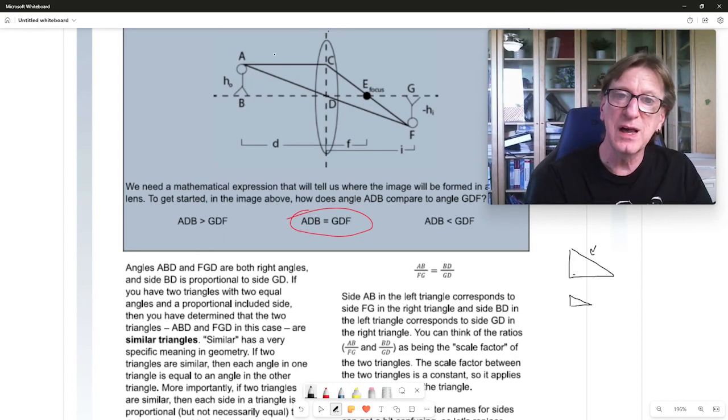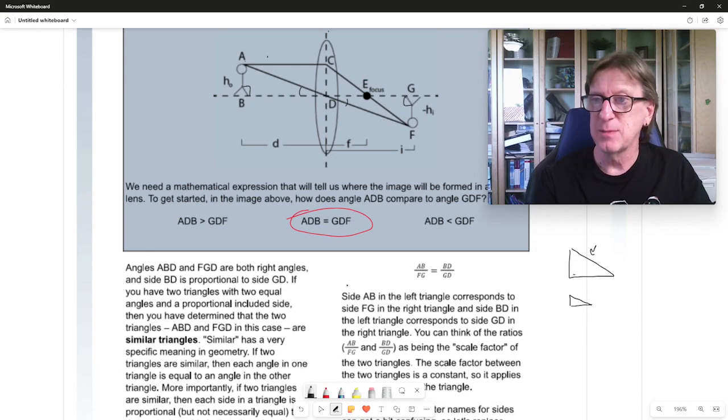If we hadn't realized that this angle and this angle were equal to each other, we could certainly say that ABD and DGF have to be the same because they're right angles, right? Let's go back to red so that we can see that. Those are right angles right there. So those are certainly the same.